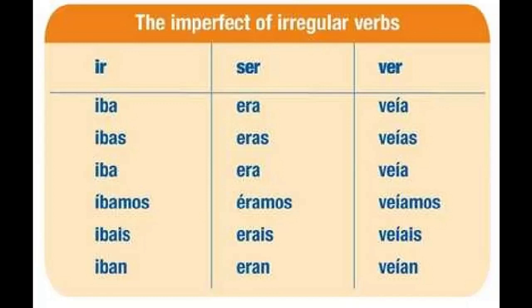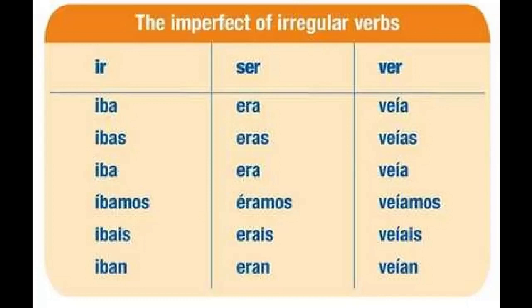Imperfecto is to talk about habits or customs that we used to have in the past. So it means that we use it to talk about things that we used to do often in the past, okay? So yo iba a la escuela todos los días. I used to go to school every day, okay? This is translated in English as used to, okay?